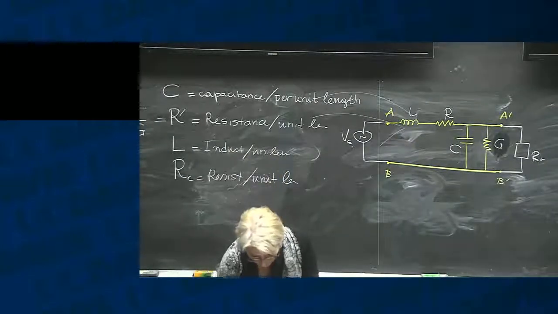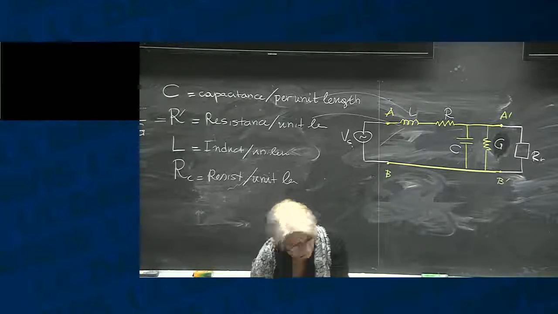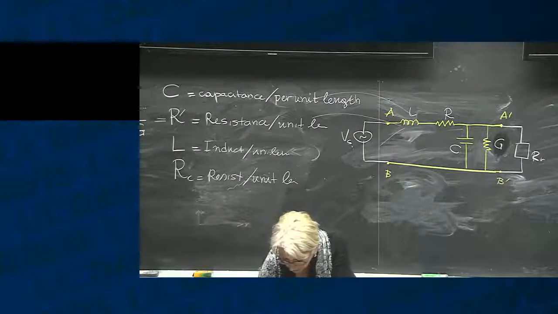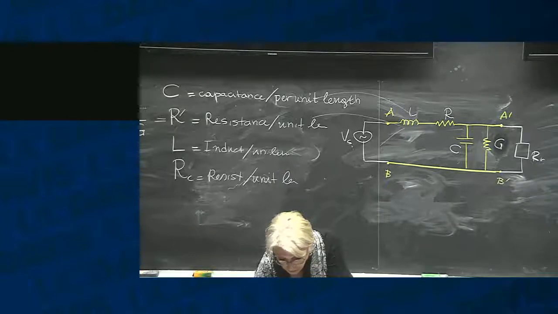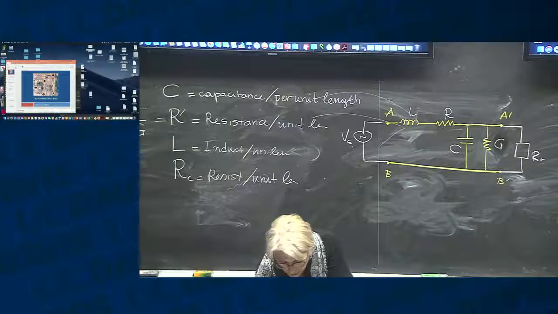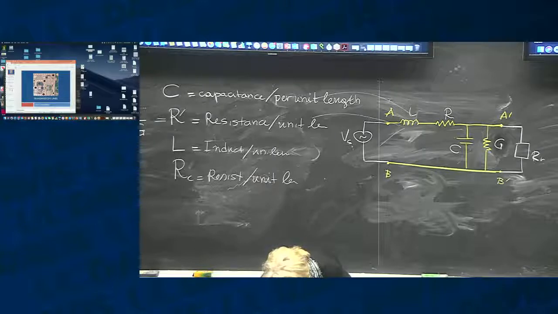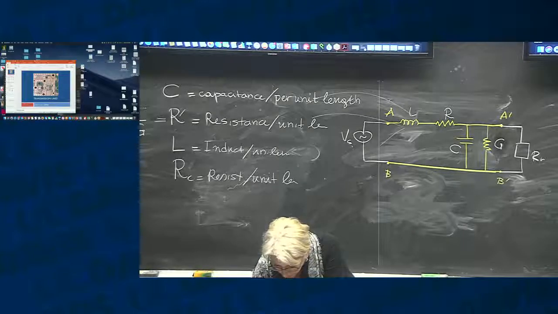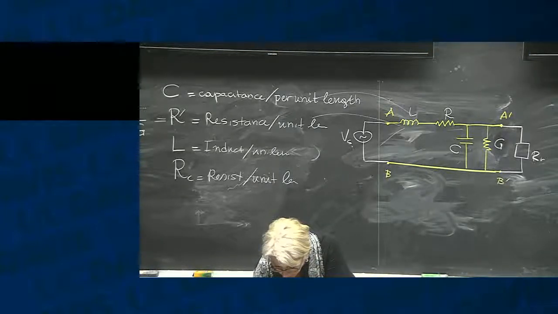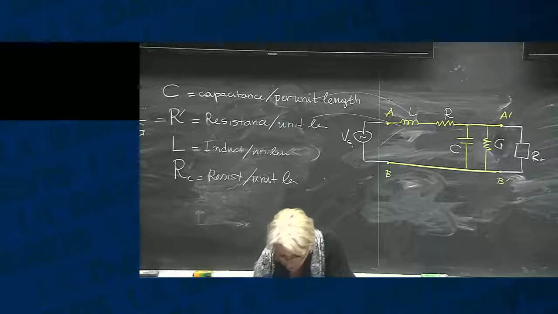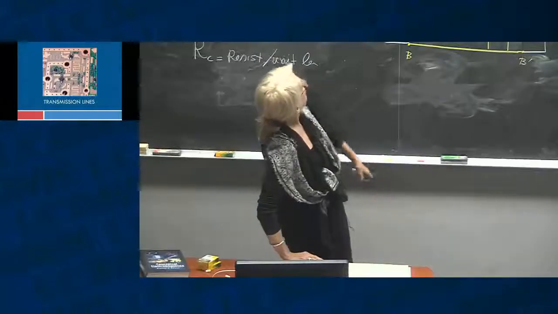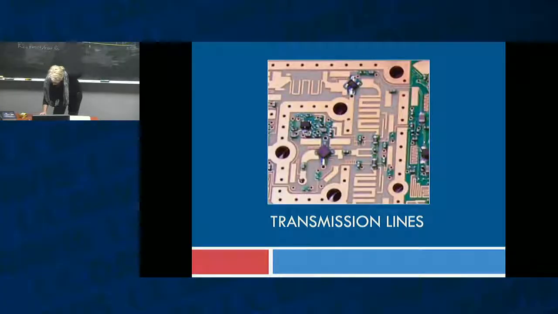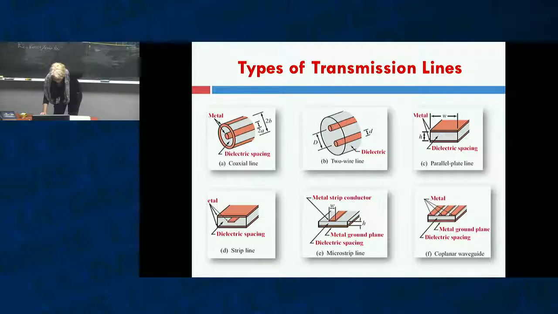So let me see. Let me go to, no, this one. Okay, so let's go here and start this one. Okay. Let's see what that is. Okay, so that shows these are our lines.